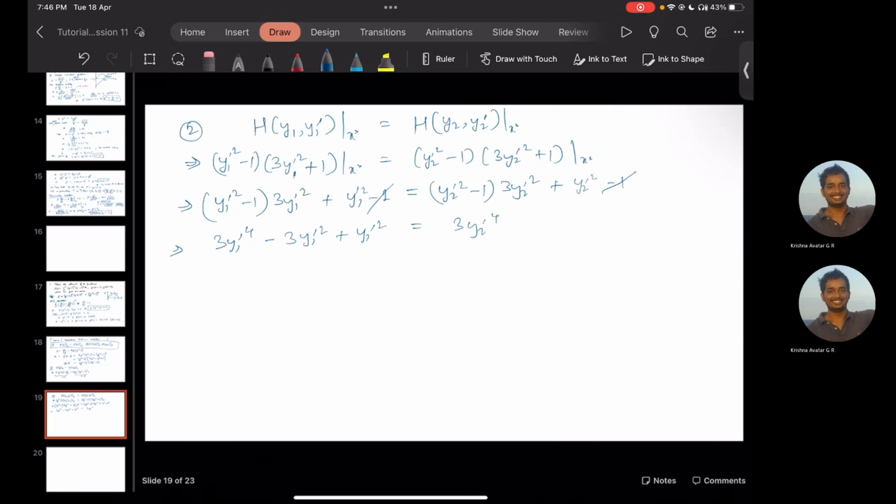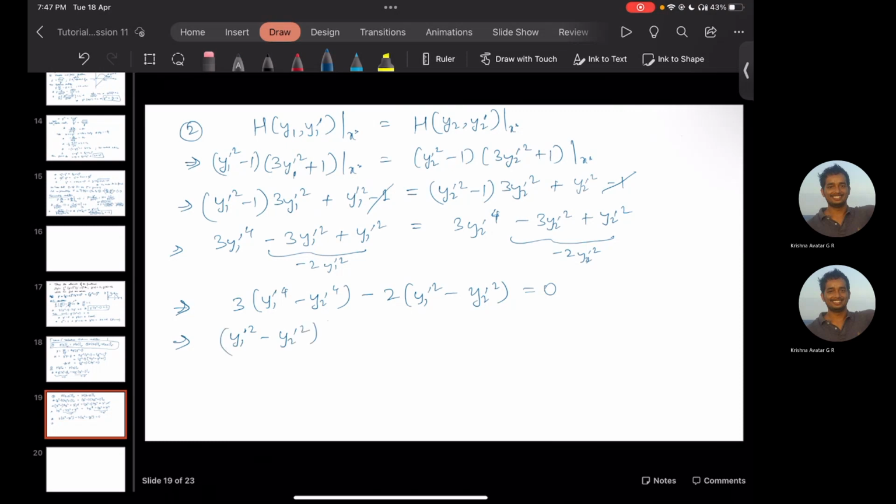Likewise 3y2 prime to the power 4 minus 3y2 prime squared plus y2 prime squared, right? And this gives 3 into y prime to the power 4, and this evaluates to minus 2 y1 prime squared, and this also to be minus 2 y2 prime squared. So this gives us 3 into y1 prime to the power 4 minus y2 prime to the power 4 minus 2 into y1 prime squared minus y2 prime squared is equal to 0. And taking y1 prime squared minus y2 prime squared common, we have 3 into y1 prime squared plus y2 prime squared minus 2 equal to 0.